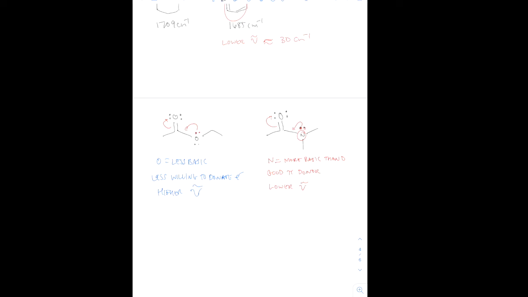Sorry, let me be explicit again. The reason why this is lower is because you have a greater population of this resonance structure in the end. Okay, and so this is going to be a very good contributor, not necessarily the main contributor even, but that nitrogen is such a good pi donor that you have a greater population of that resonance structure than you do this resonance structure.